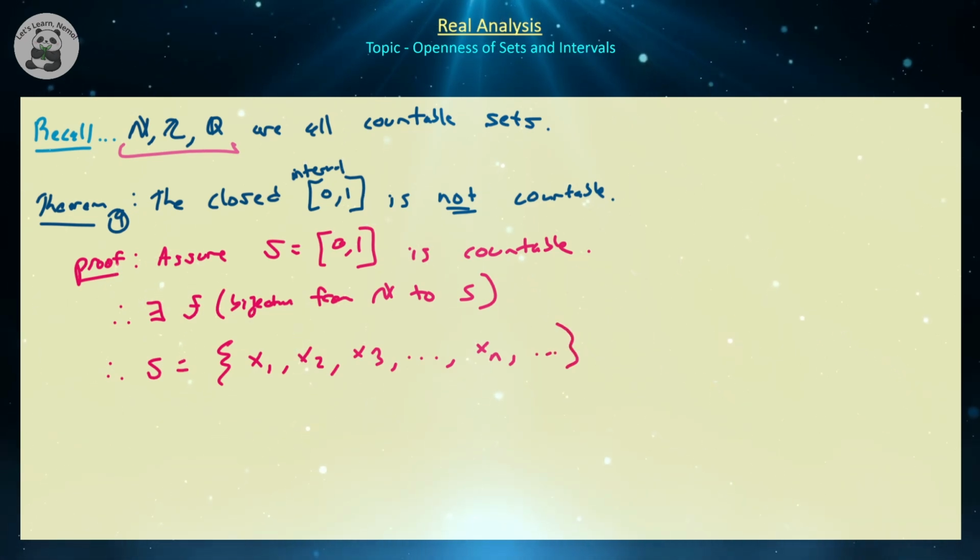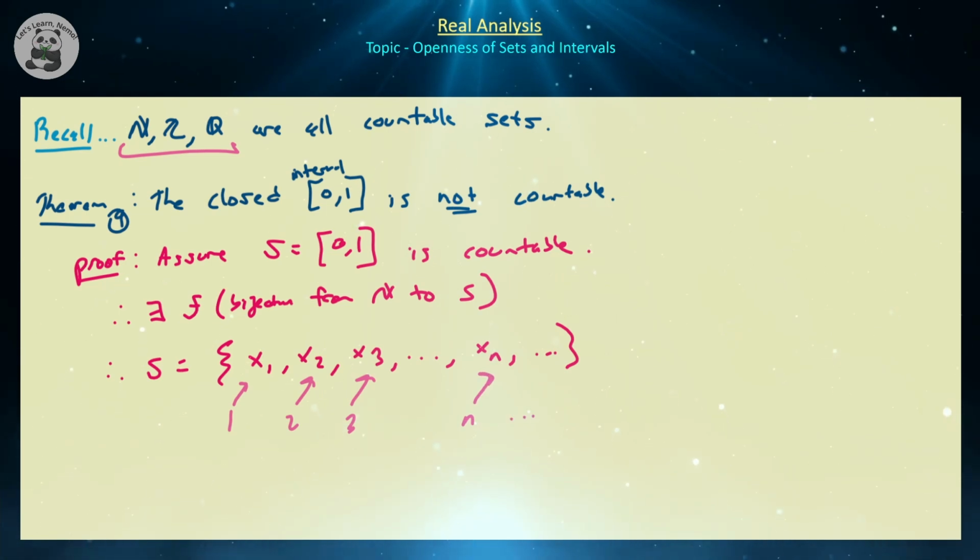Let's assume that this is the enumeration of S, right? So here, 1 goes to x_1, 2 goes to x_2, 3 goes to x_3, n goes to x_n, and so on.